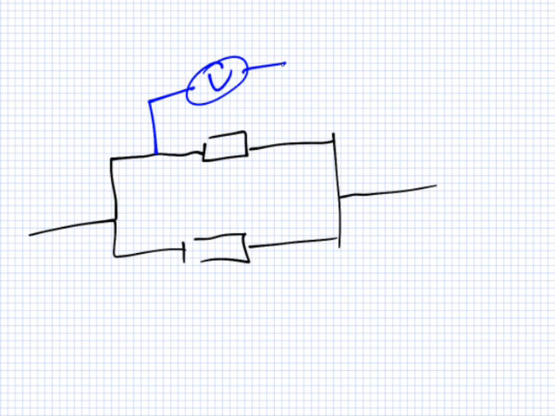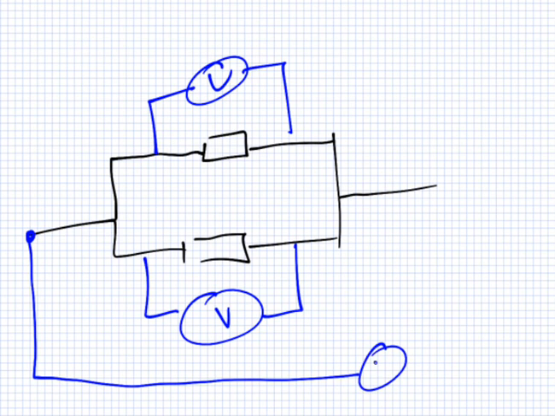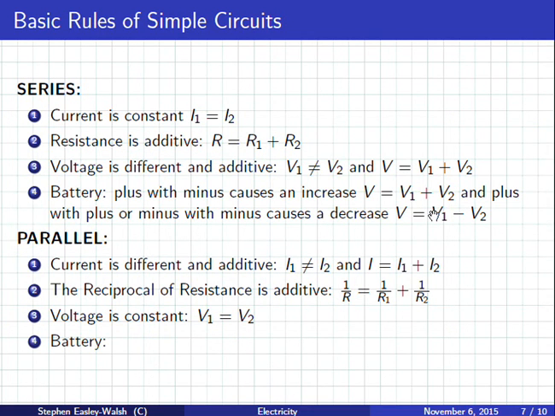Battery, or cells. Plus with a minus causes an increase. Minus with a plus causes a decrease. Let me explain with a picture here. So you know when you put your batteries in your toy, you usually put them in like this. This here is a minus, this is a plus, and you put this one in beside it like this.